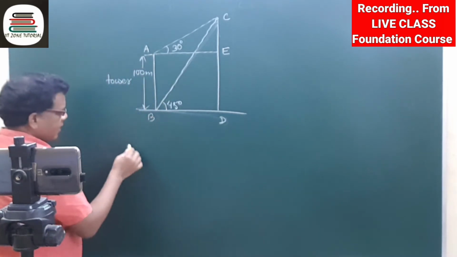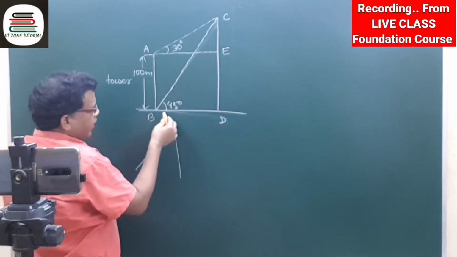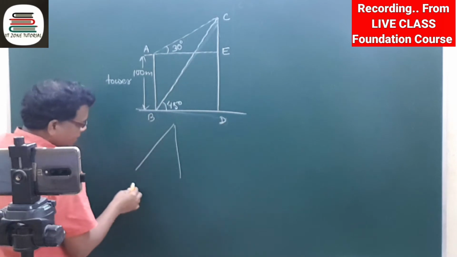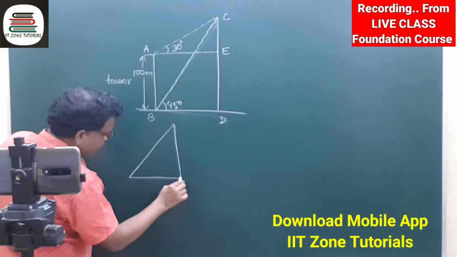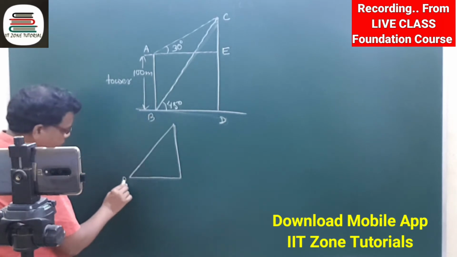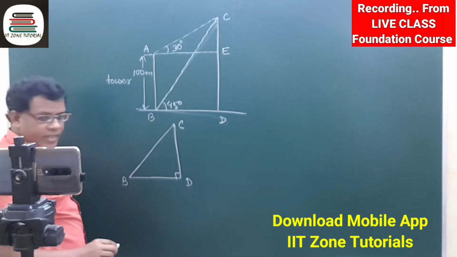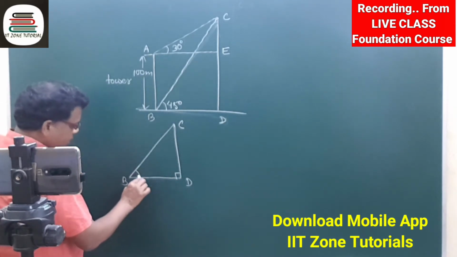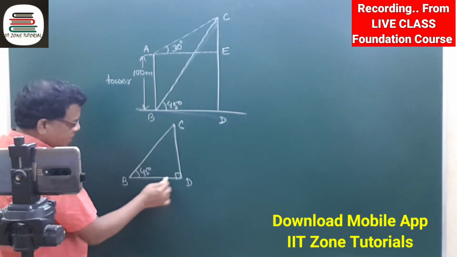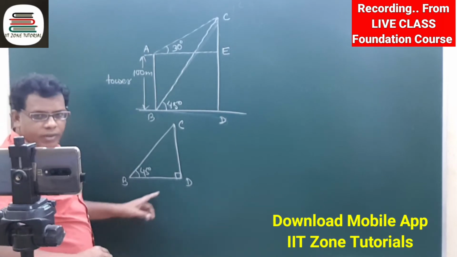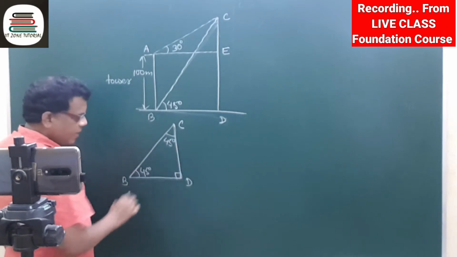In this diagram you see this triangle. Though in our drawing CD and BD do not seem to be equal in length, practically they will be equal. How? Because this is B, this is C and this is D. This angle is 90 degree, right? As it is said to be 45 degree, and we know that these two sides make a 90 degree angle at the vertex D, then obviously this will also be 45 degree, isn't it?